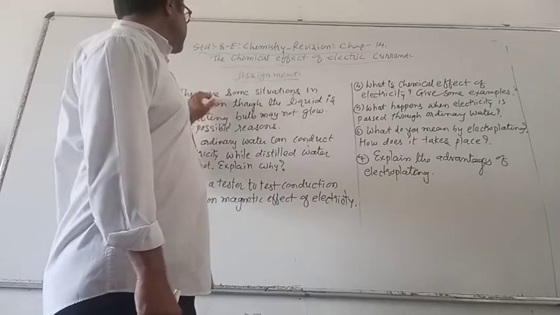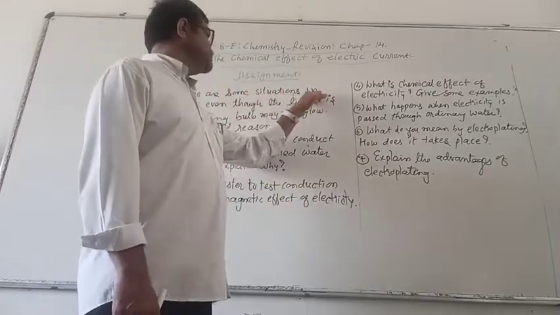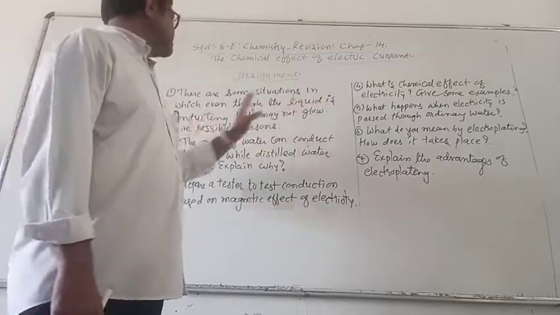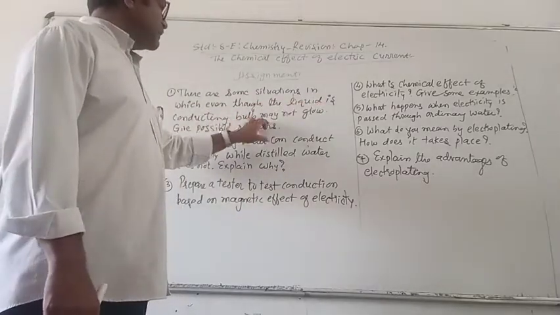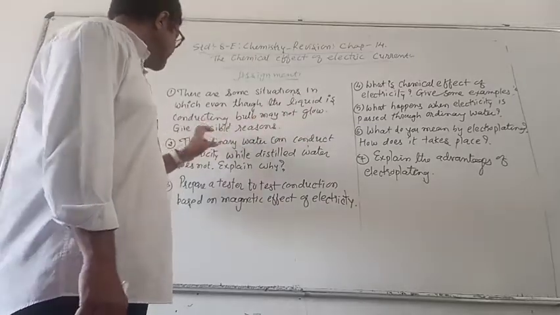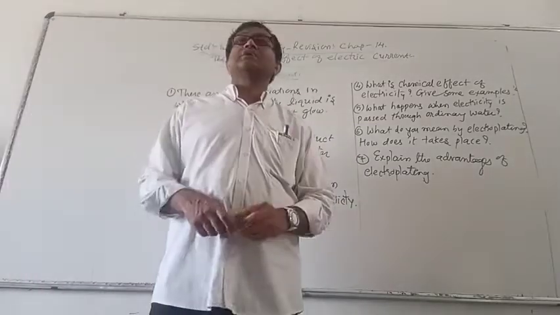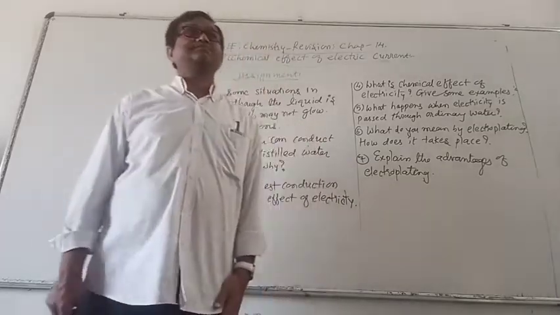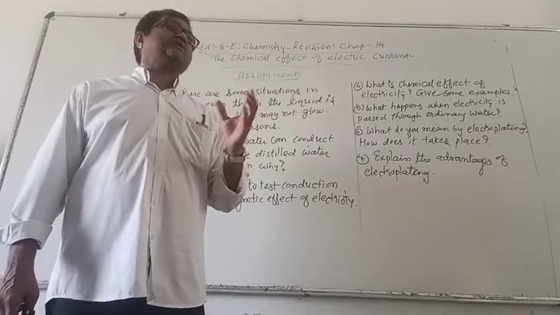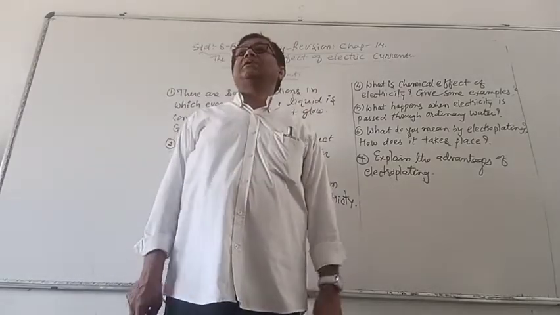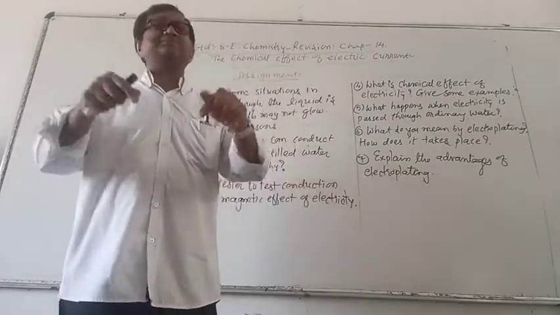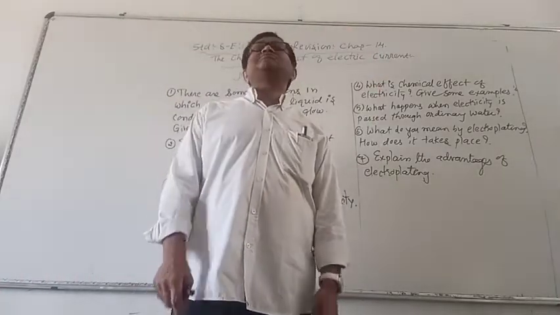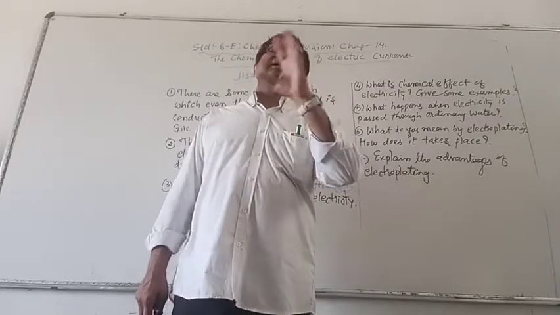The first question is, there are some situations in which even though the liquid is conducting, the bulb may not glow. Give possible reasons. We saw the conductivity tester, in which the two open ends of the wires are dipped into the liquid and then current is passed through the wire.